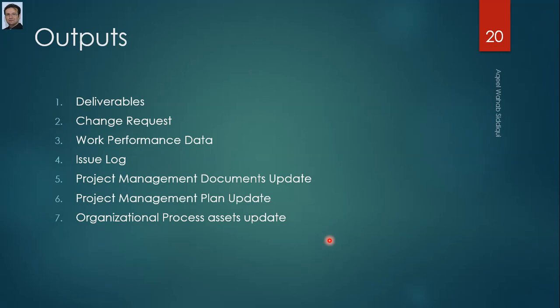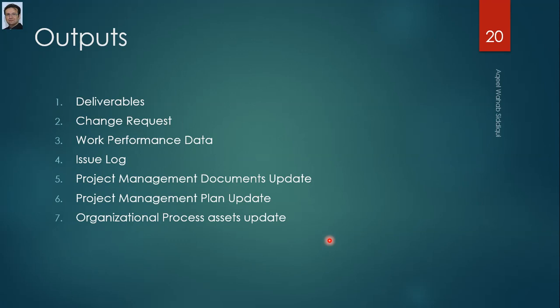And when your deliverables are done and ready, you will update the project management plan and your project documents, and obviously if you have learned a new way to make that door, you must update documents in organizational process assets as well.